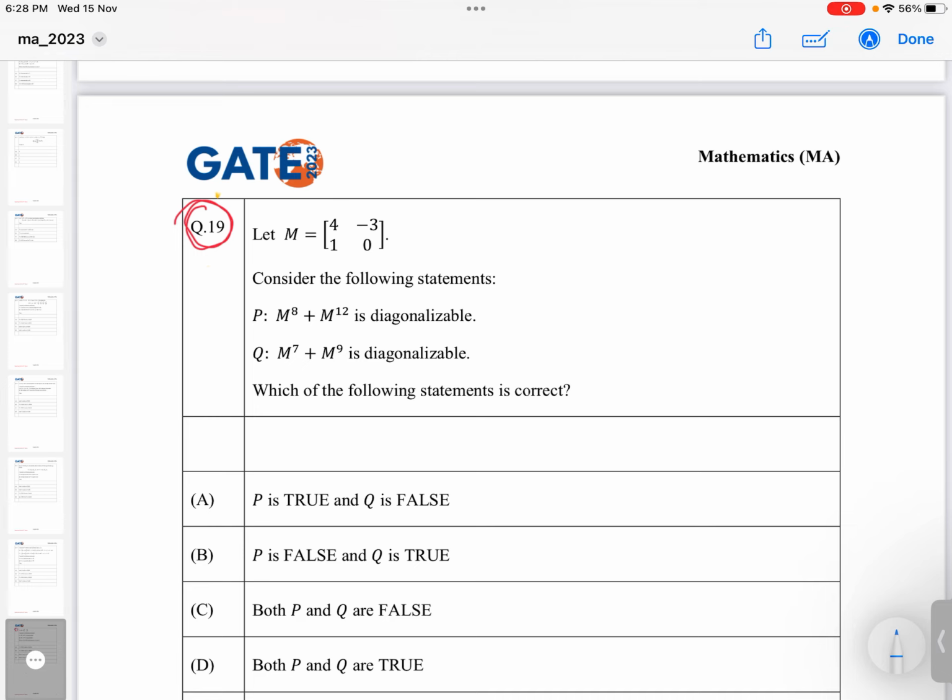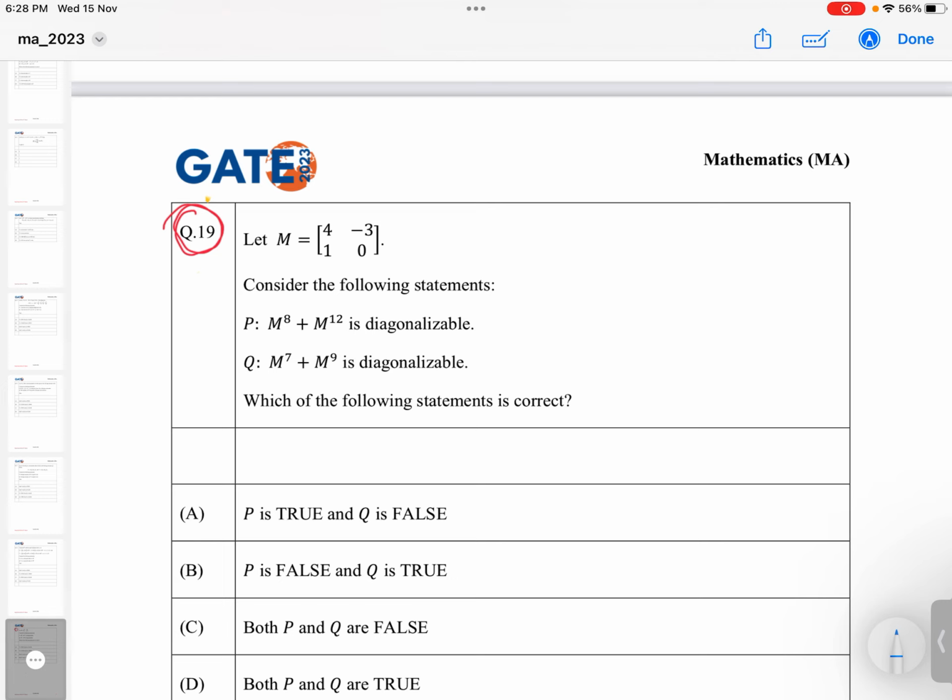First of all, this matrix M is given, right? We can diagonalize this matrix M when we have n independent eigenvectors. Here this is a 2 by 2 matrix, so this matrix is diagonalizable when we have two independent eigenvectors.